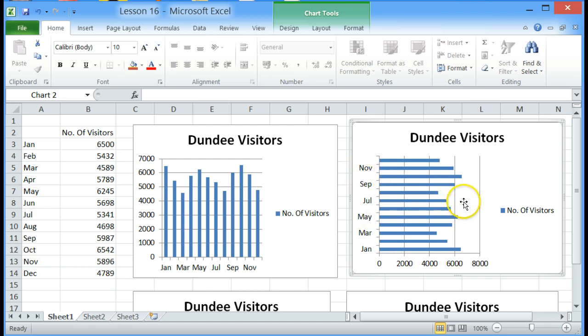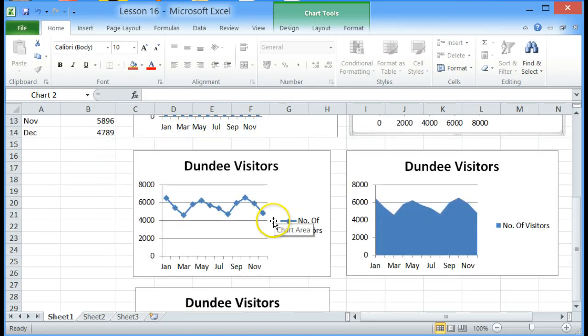The problem with this is that people are accustomed to seeing time-based information extended from left to right rather than from top to bottom. So therefore the bar chart is inappropriate for the data that we have available.